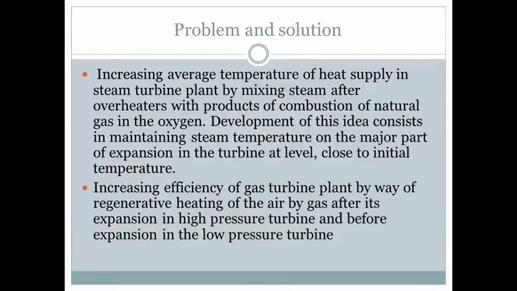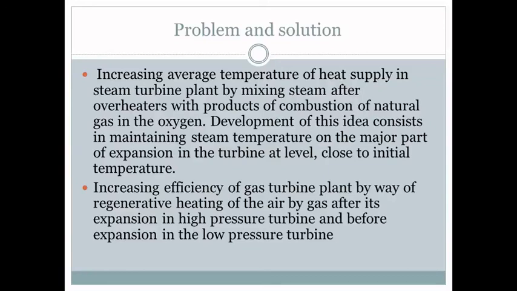Problem and solution. Increasing the average temperature of heat supply in a steam turbine plant by mixing steam after overheating with the product of combustion of natural gas and oxygen. Development of this idea consists in maintaining steam temperature over the major part of expansion in the turbine at a level close to the initial temperature.